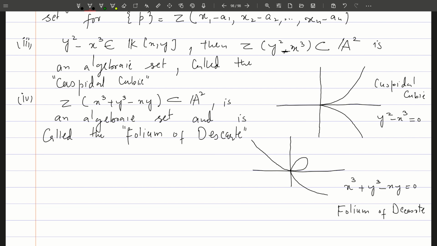We have one more curve over here. It is the zero set of the polynomial equation y squared minus x times (x minus 1) times (x plus 1). This is again a subset of A^2 and also an algebraic set.